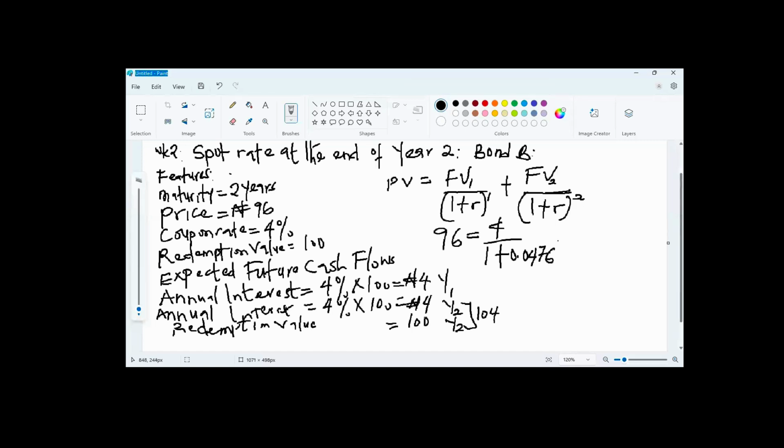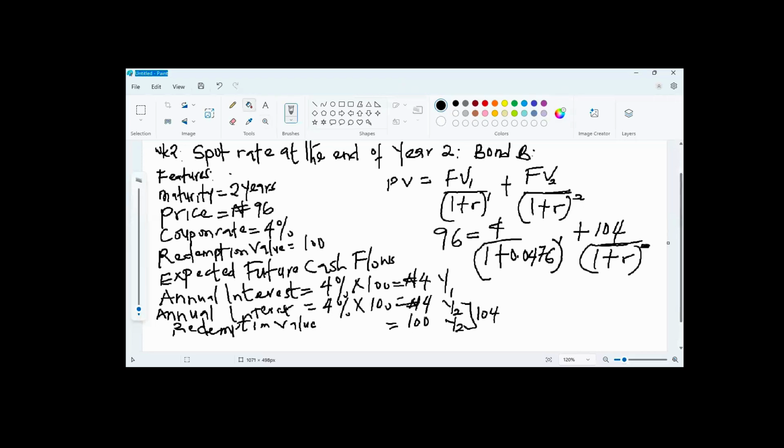0.0476. That is the spot rate in year 1, raised to power 1, plus the future value in year 2. The future value in year 2 is 104, divided by 1 plus R in year 2 raised to power 2.